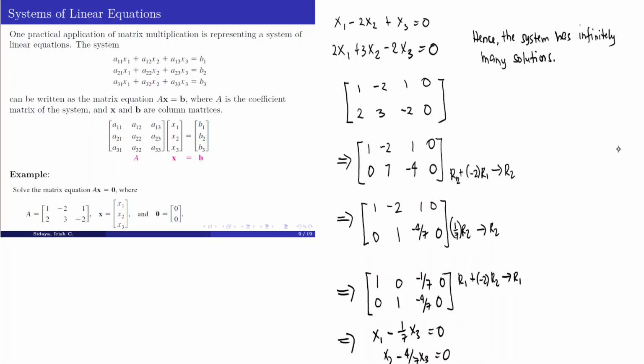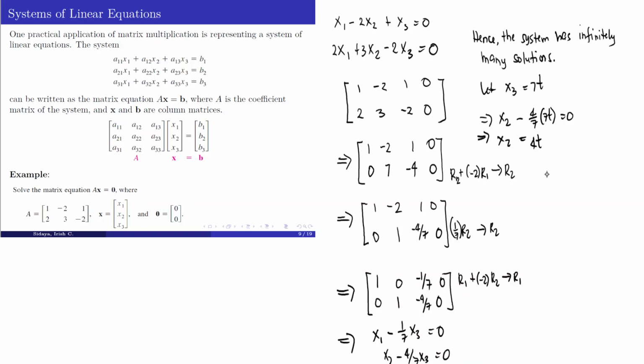Note that a convenient choice of parameter here is x sub 3 equals 7t. So we let x sub 3 equals 7t, so that we have x sub 2, we substitute 7t here. So we have x sub 2 minus 4 over 7 times 7t equal to 0, which implies that x sub 2 is equal to 4t.